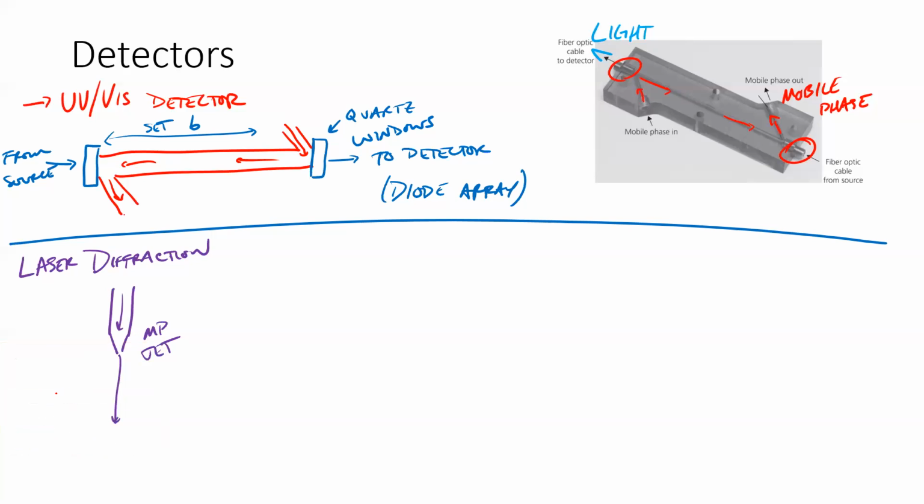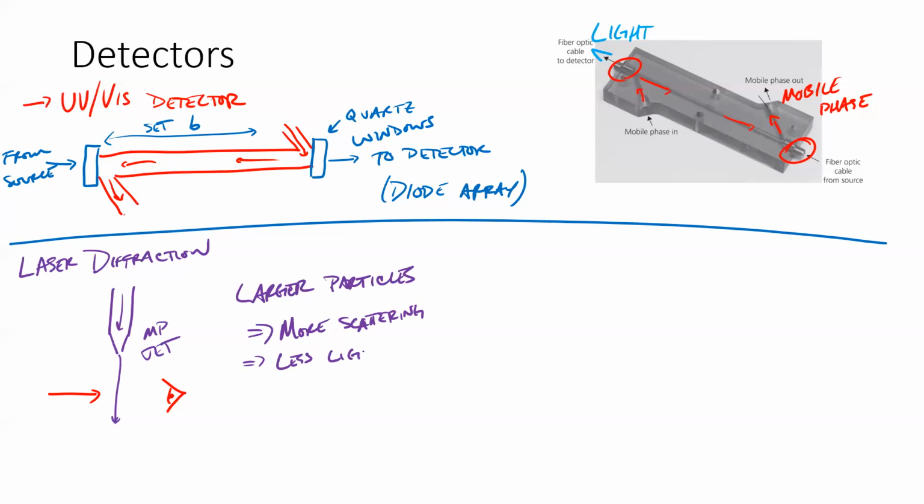And you have a laser that hits it from the side with a detector. And the larger the particles are, we're going to get more scattering. If we get more scattering, does more or less light hit the detector? Less light. That's right. Less light hits our detector.